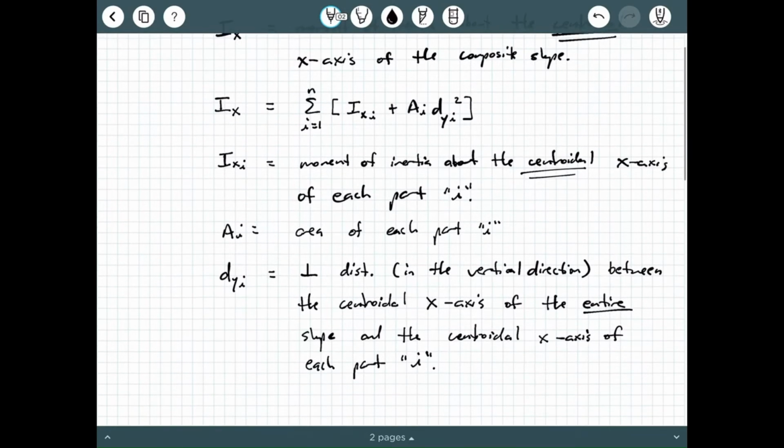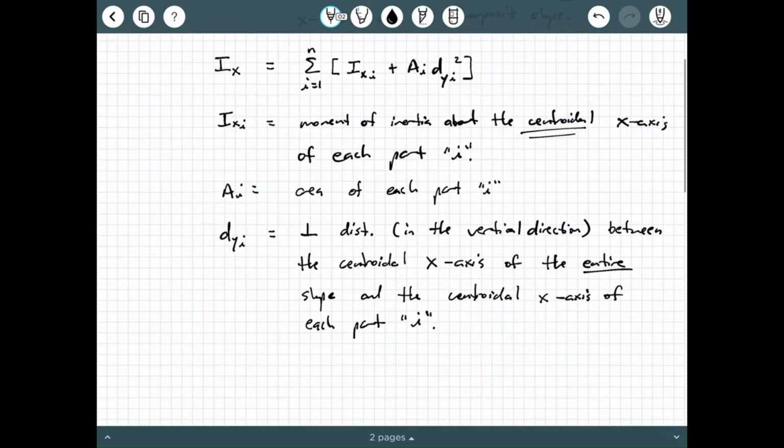Okay, so take a second and absorb that definition. D sub y sub i is the perpendicular distance in the vertical direction, that's why we call it d sub y, between the centroidal x-axis of the entire shape and the centroidal x-axis of each of the parts, each part i, okay?